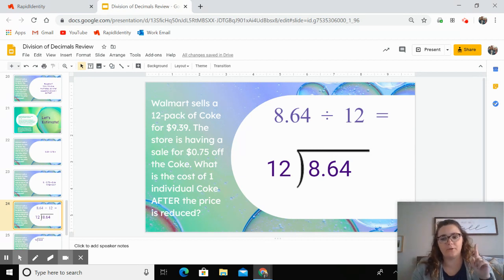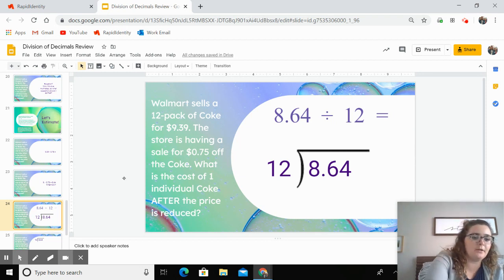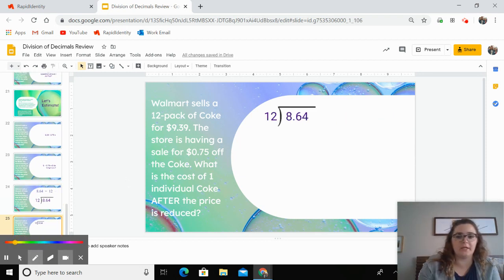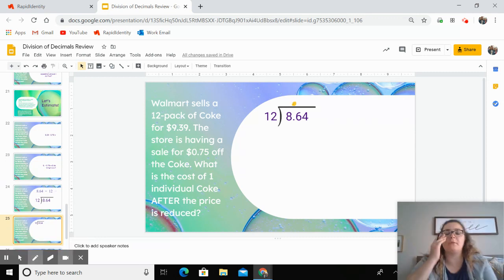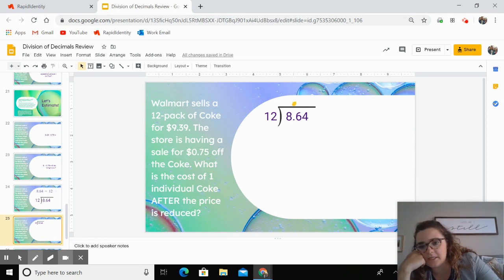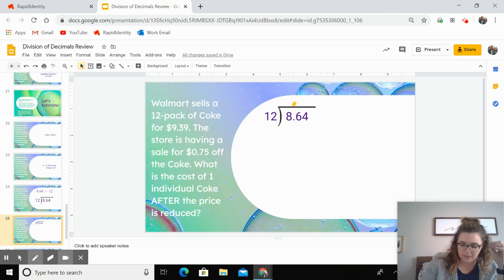Now I'm going to show you how to solve that problem. I don't have a decimal in my divisor, so I'm just going to carry my decimal straight up. Now I'm thinking about how many times 12 can go into 86. It can go in 7 times, actually.